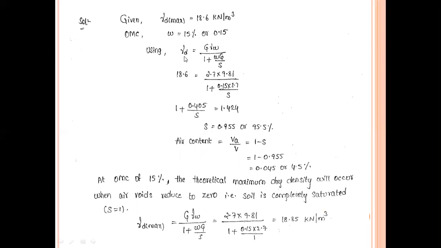Next, using the gamma D formula, G into gamma W by 1 plus E. Here E equals W G by S. Then finally, substituting values: gamma D, the maximum dry unit weight, is 18.6, specific gravity 2.7, and unit weight of water 9.81, divided by 1 plus water content 0.15 and specific gravity 2.7 divided by S. One plus 0.405 divided by S equals 1.424.